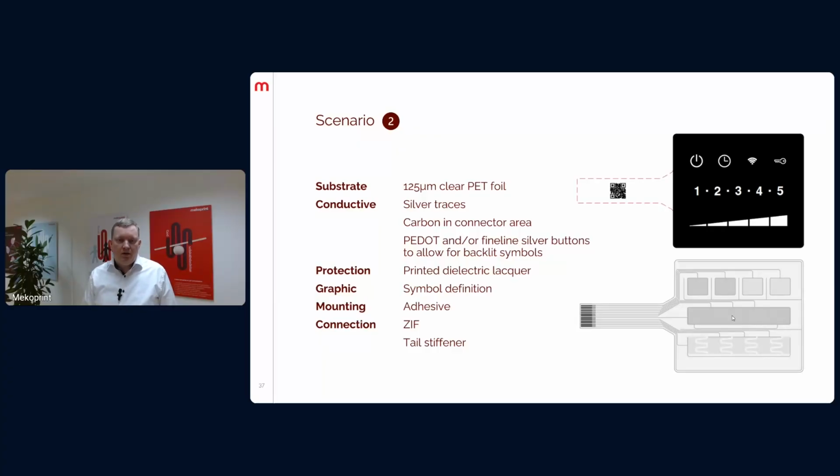And finally, we can also print a non-conductive black ink to create a symbol definition. Then for the mounting, we could add a double-sided adhesive, again laminated to the product. And we can add a stiffener so that the connector area matches the thickness specification of the SIF connector that is chosen.